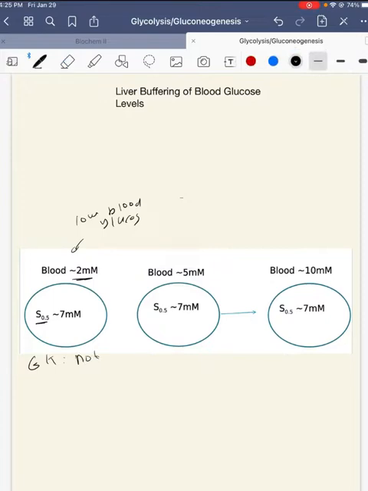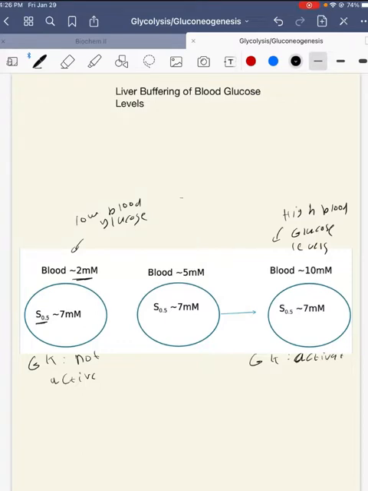Not active, right? Because if we have low blood glucose levels, we don't want the liver to run glycolysis. On the other hand, if we have high blood glucose levels, glucokinase is going to be activated.